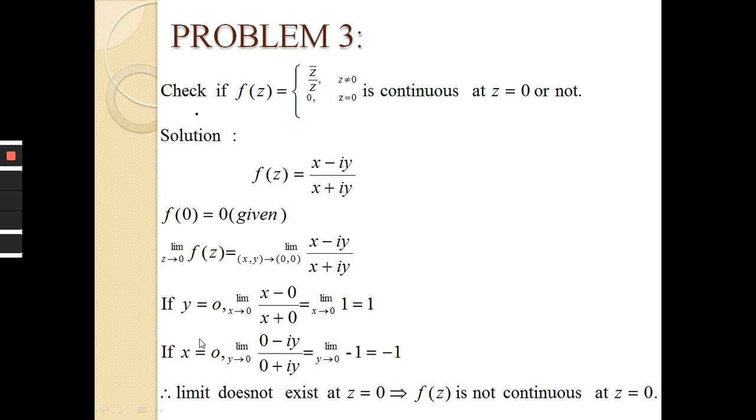On the imaginary axis, we get the limit y tends to 0, (0 minus iy) by (0 plus iy), which is equal to minus 1. Limit on the real axis is not equal to the limit on the imaginary axis. So the limit of f(z) at z equal to 0 does not exist. Therefore, f(z) is not continuous at z equal to 0.